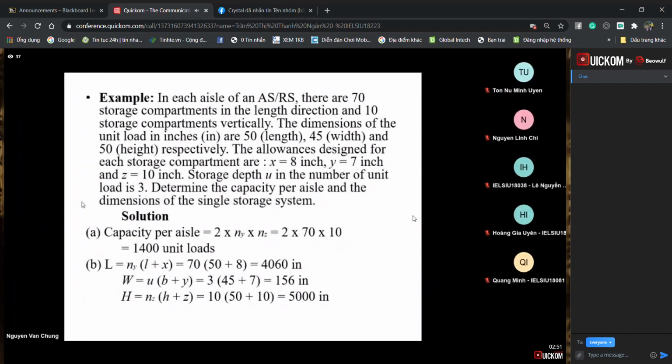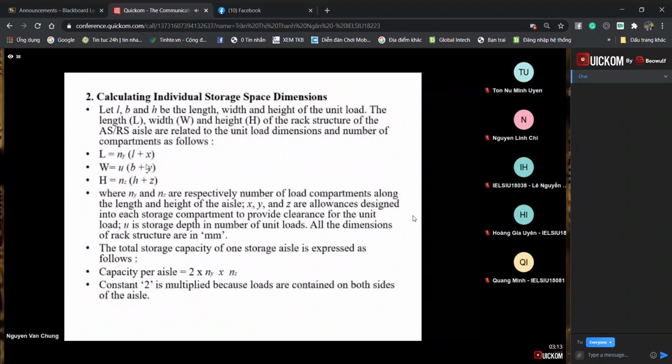And the next is the dimensions of the single storage system. So like that, you use this formula. It is the same as the previous slide, easy.